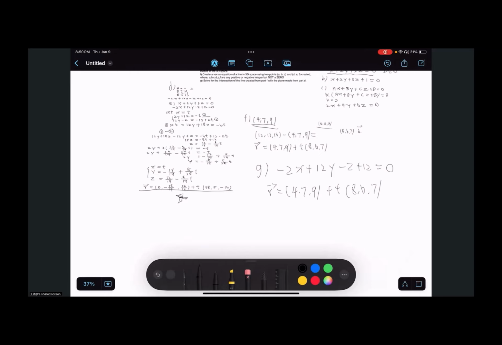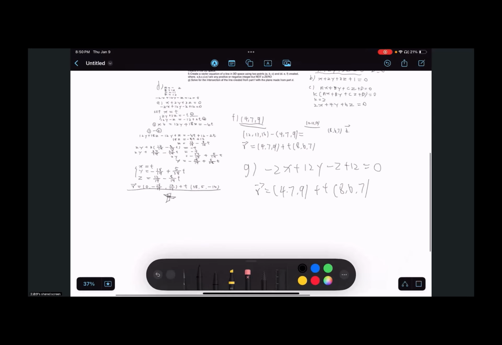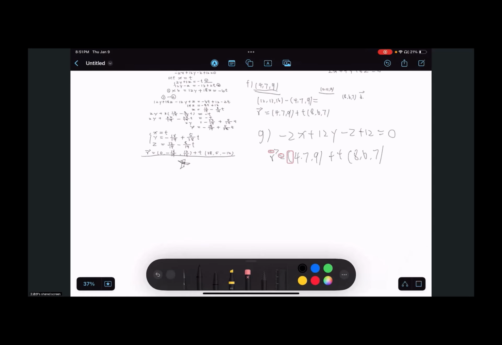So to find the intersection of the line and the plane, we can write the vector equation into parametric equation, which is x equals 4 plus 8t and y equals 7 plus 6t, and z equals 9 plus 7t.